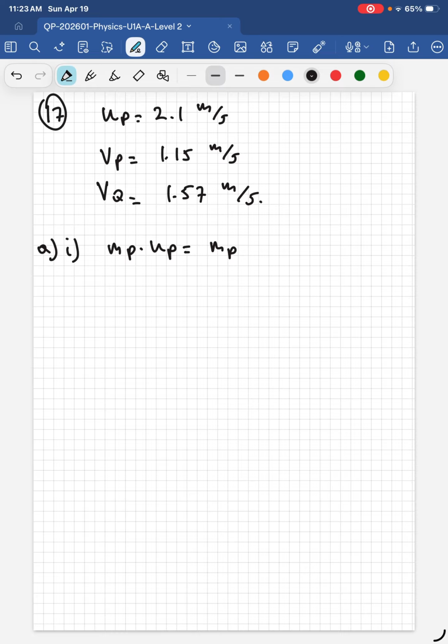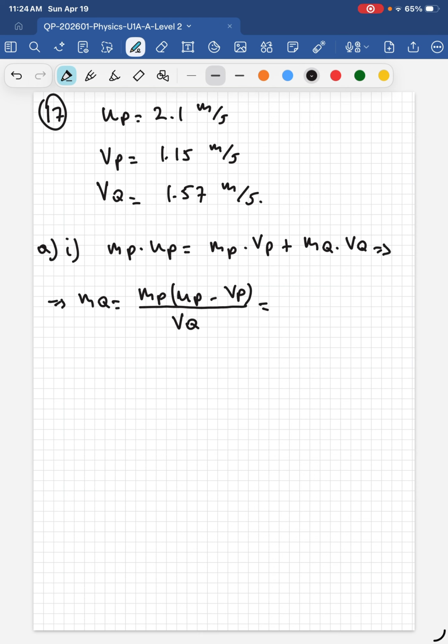So mass of P times the final velocity of P plus mass of Q times the final velocity of Q. So mass of Q is equal to the mass of P times the initial speed of P minus the final speed of P over the final speed of Q. All right, so 250 times 0.95 over 1.57 yields 151.3 kilograms, which is about 150 kilograms as asked.